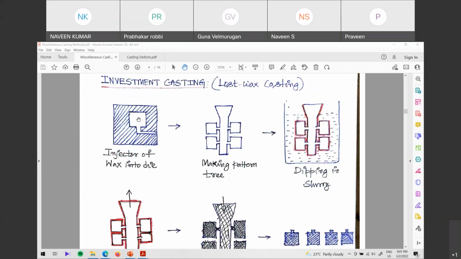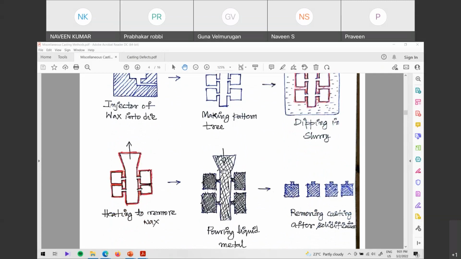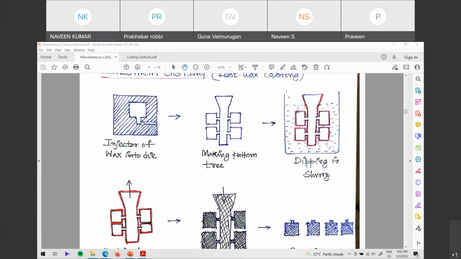So does the shell have an arrangement for a riser? Yeah, this is what is riser. Riser is not there. No riser. So there is no riser as of what I have seen. It might be affecting. I think the allowances are put onto this wax pattern itself.